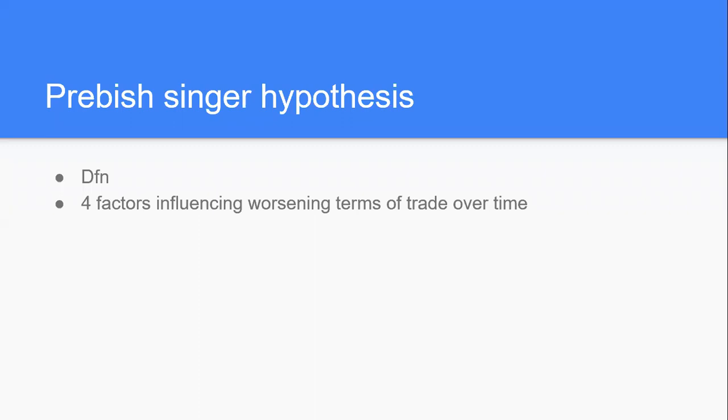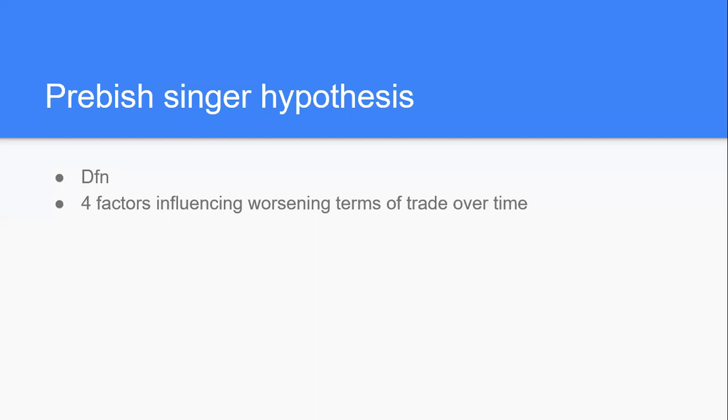Now, it's a very good example. The value of commodities exported by developing countries relative to commodities exported by developed countries has been depleting. Okay, or rather declining over time, and the result sometimes even worsening.